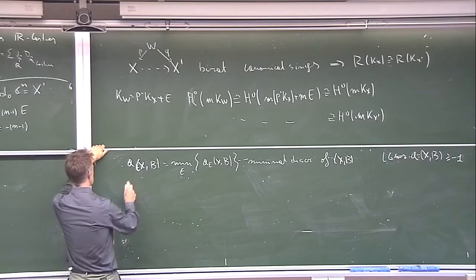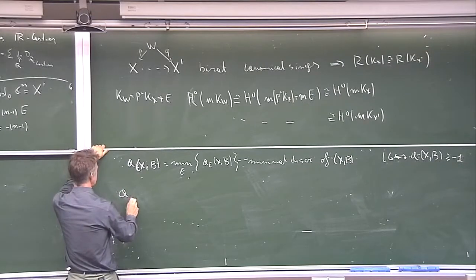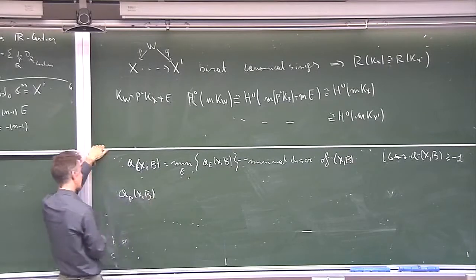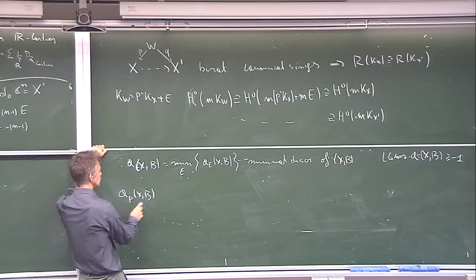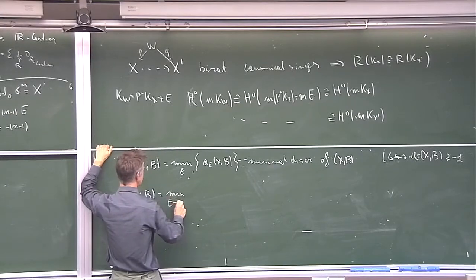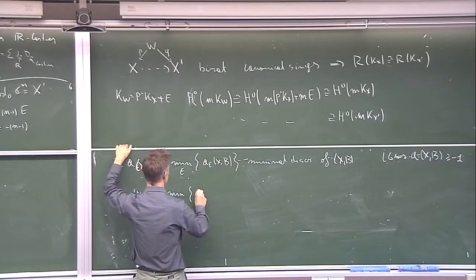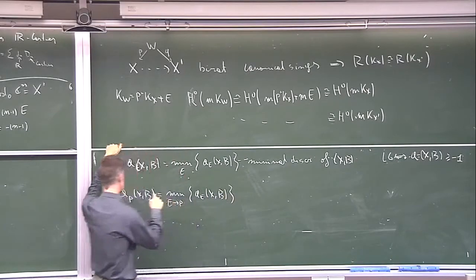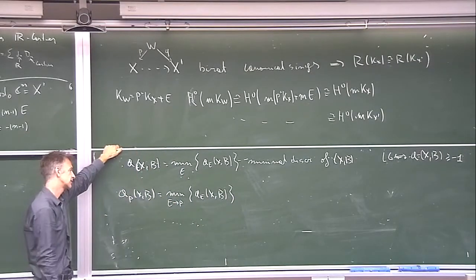Let's look at a_P(X,B), where P is a closed point. This will be the minimum of those E's that map to P of the corresponding discrepancy. So we're looking for discrepancy over a specific point.